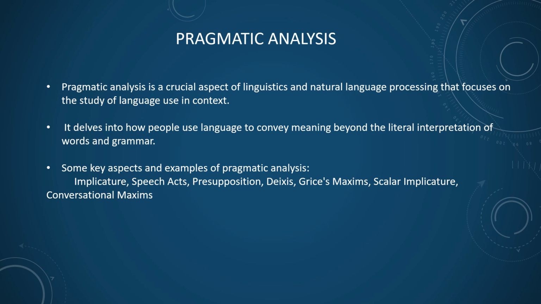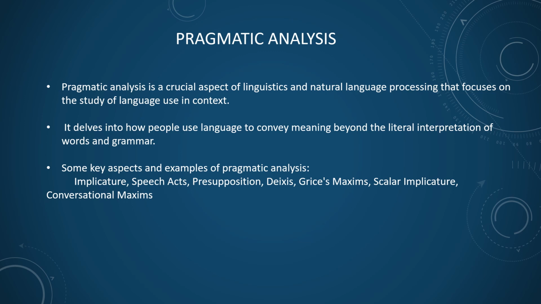And maxim of manner: avoid ambiguity and obscurity. Be clear and concise. And scalar implicature. Scalar implicature involves inference made based on the scalar structure of words. For example, when someone says "some of the students passed the exam," it's implied that not all students passed.